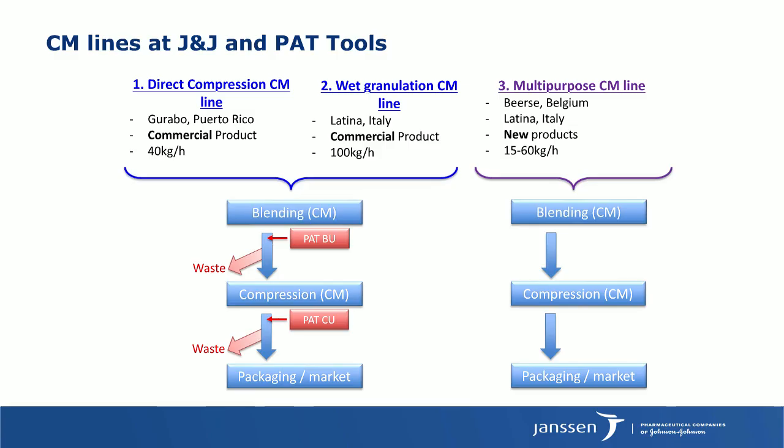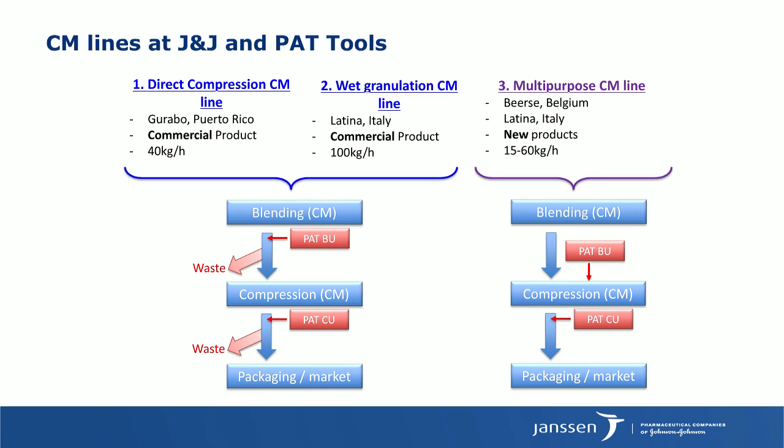Then, after compression, we have a PAT CU tool, which allows us to analyze the core tablets that have been compressed, and then we can decide to send these core tablets to the waste, or to keep them and later release them to the patient.